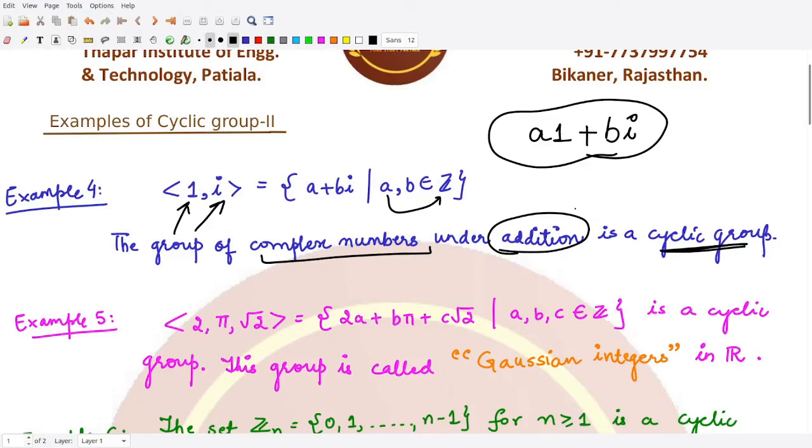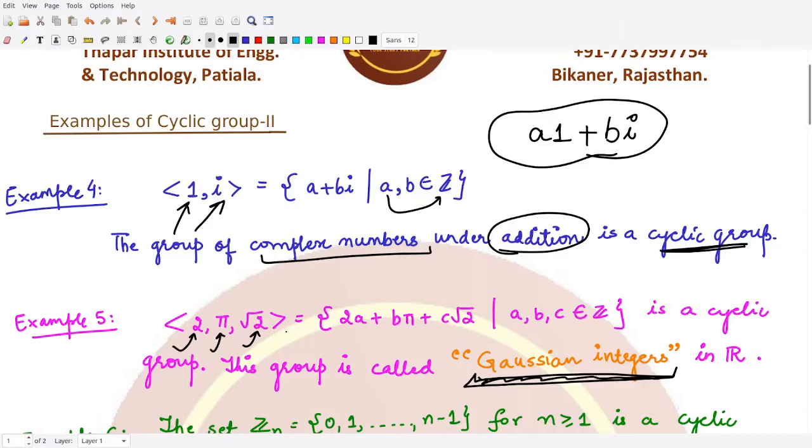Another example here is that of a group which is known as a group of Gaussian integers under the set of the real numbers, right? So here we have the number 2, the number pi, and the number square root 2, right? These three numbers: 2 is an integer, pi and square root 2 are irrational numbers, right?